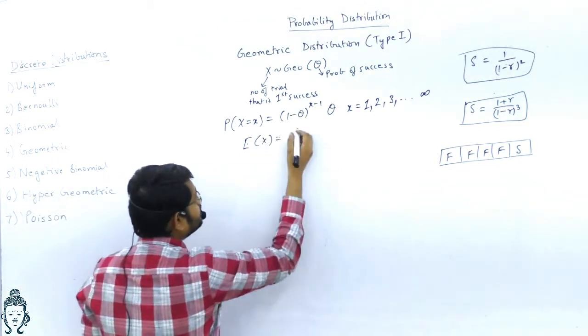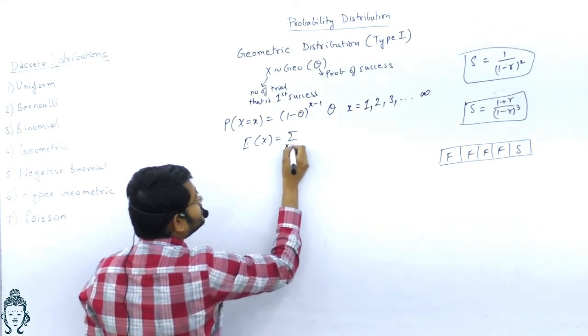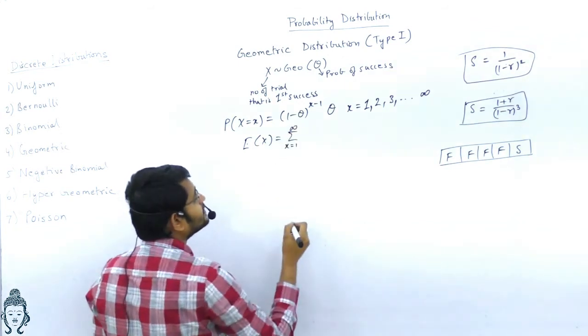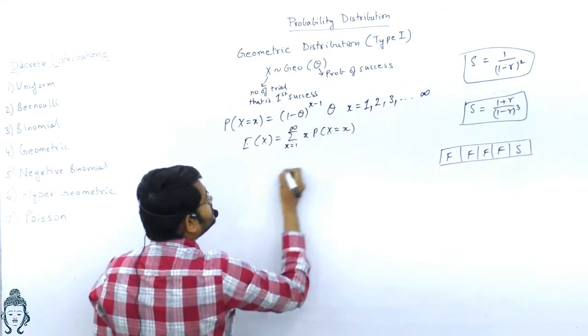Let's find the expected value. So expected value of x is nothing but summation for all values of x, that means x equals 1 to infinity, of x into probability x is equal to x.